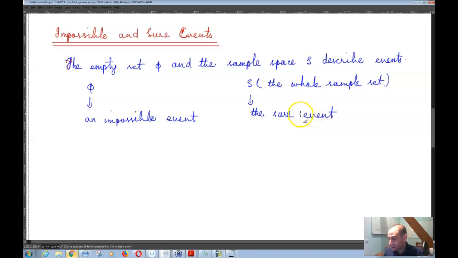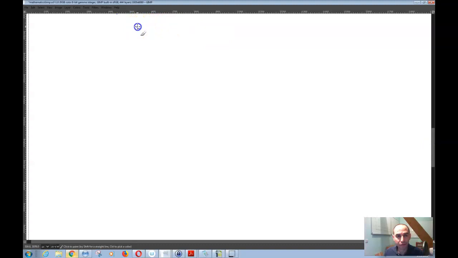Now, to understand these, let us consider the experiment of rolling a dice. The associated sample space S is equal to 1, 2, 3, 4, 5, and 6.